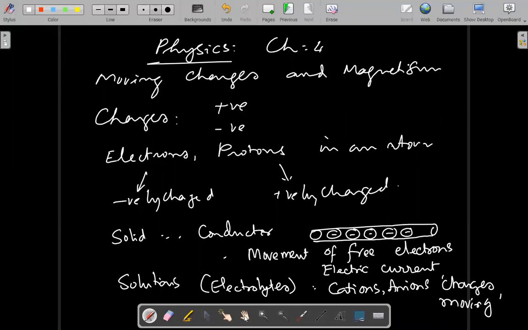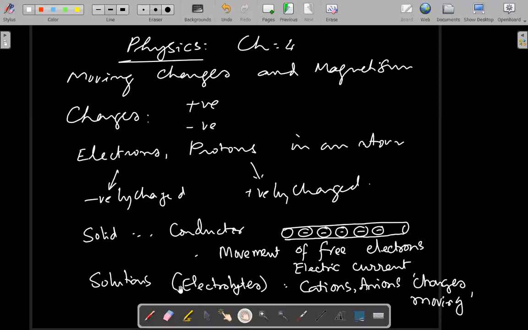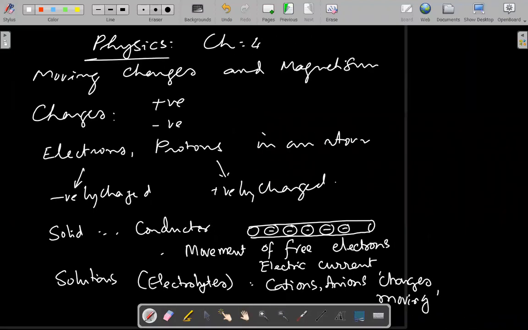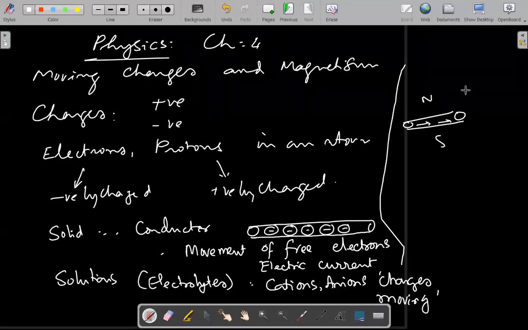So here what he's saying is, in any case, whether it's solutions or solids, if the charges are moving, there can be a magnetic field detected around the charges. It can be this or it can be this. We will study how the direction is decided.